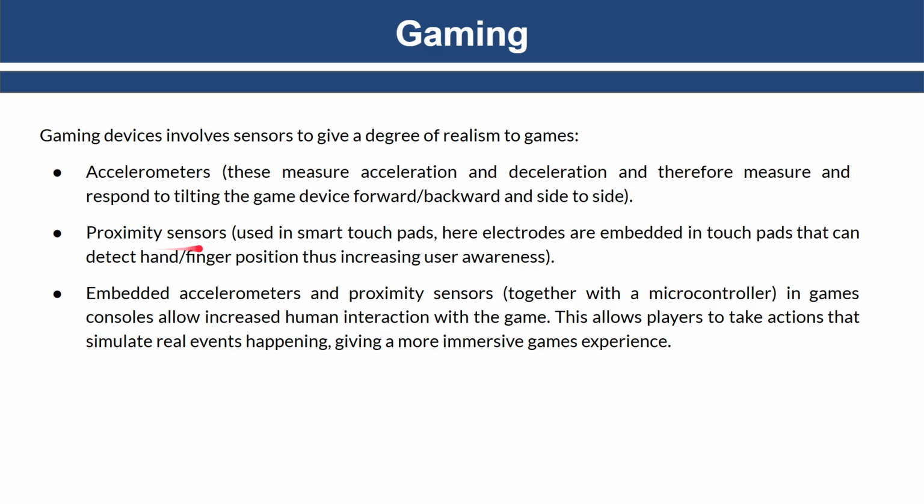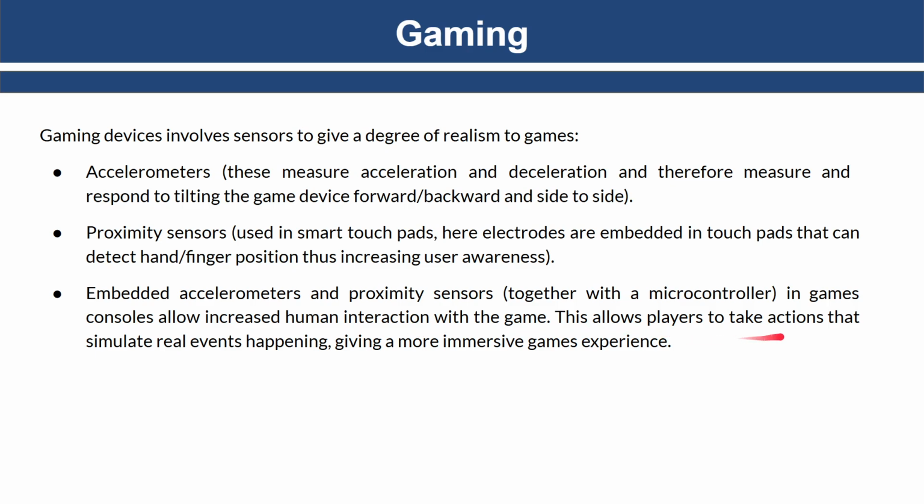Then we have proximity sensors. Proximity sensors are used in smart touchpads. Also, electrodes are embedded in touchpads that can detect the hand or finger position, thus increasing user awareness. So embedded accelerometers and proximity sensors, together with the microcontroller in a game, allow increased human interaction with the game.